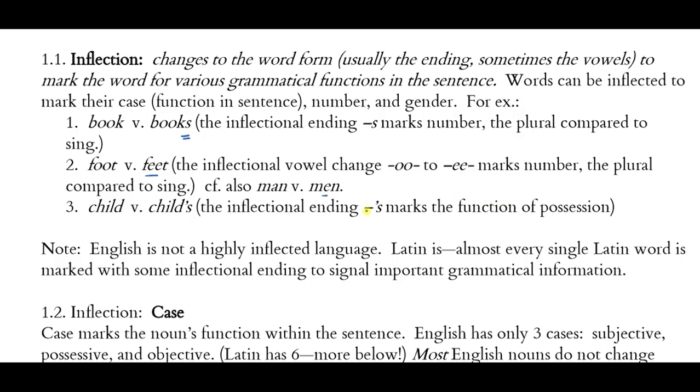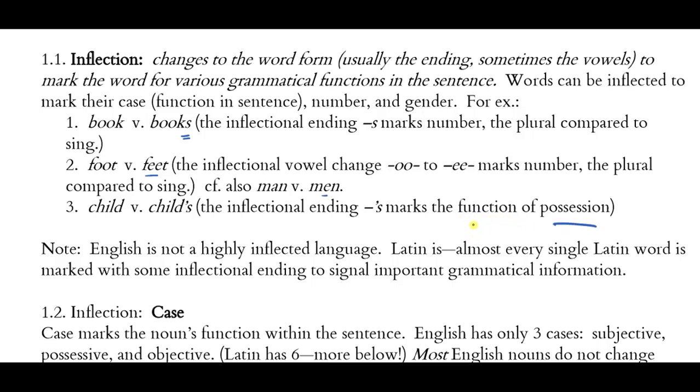And then on number three, we have child versus child's. And here the inflectional ending is an S or a Z sound. Depends on how the word ends. Child's here, right? That's actually a Z sound, even though it's spelled apostrophe S. But this is an inflectional ending that marks possession.